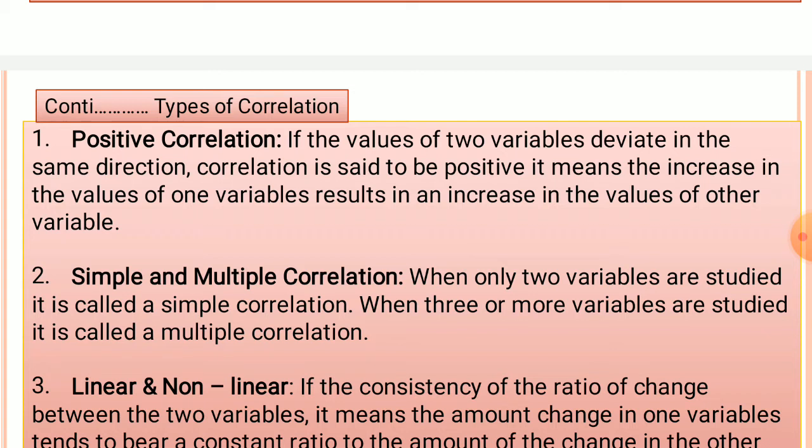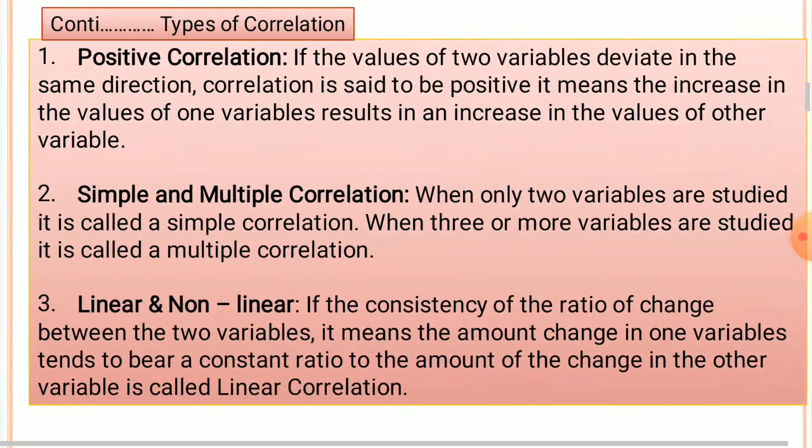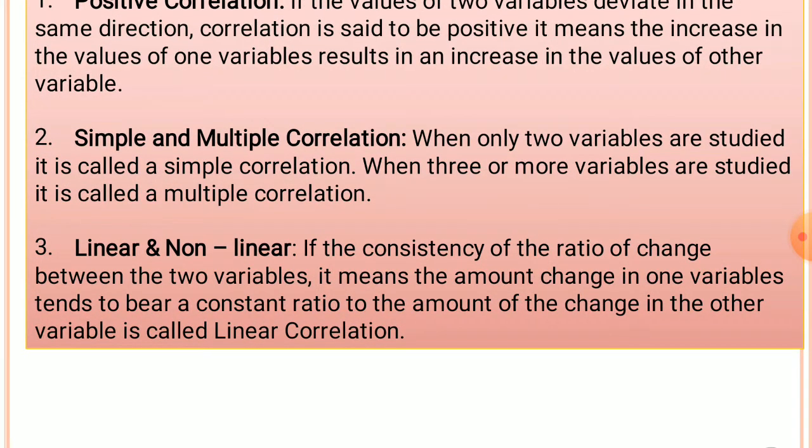So it means increase in the value of one variable results in an increase in the values of other variable is called positive correlation. And simple and multiple correlation. This is the second type of correlation in which only two variables are studied.